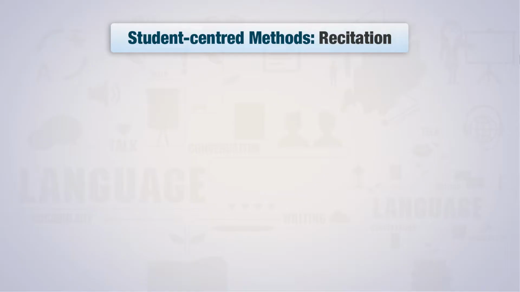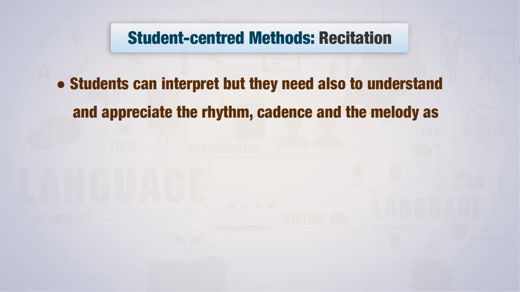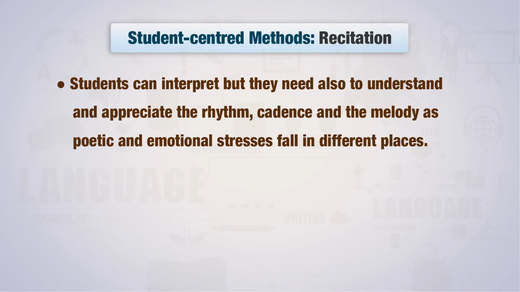The reader of a poem is not an actor, but rather a musical instrument. Students can interpret, but they also need to understand the rhythm, appreciate the cadence, and follow the melody, because poetic and emotional stresses fall in various places throughout the same piece of writing.